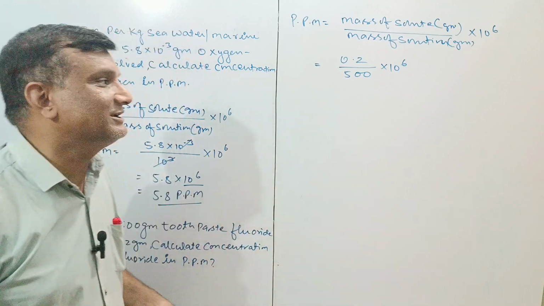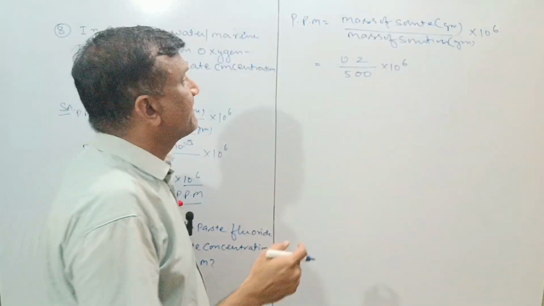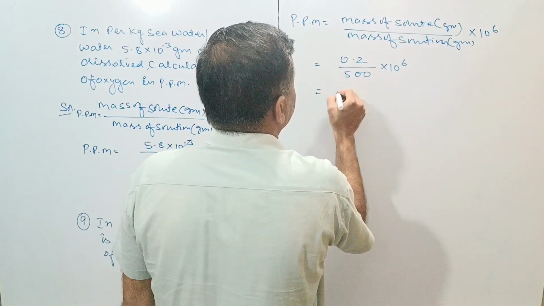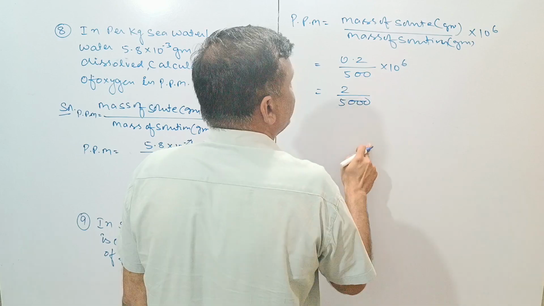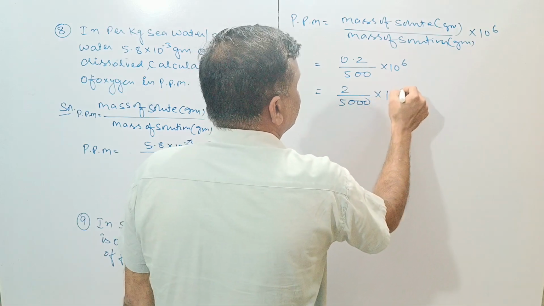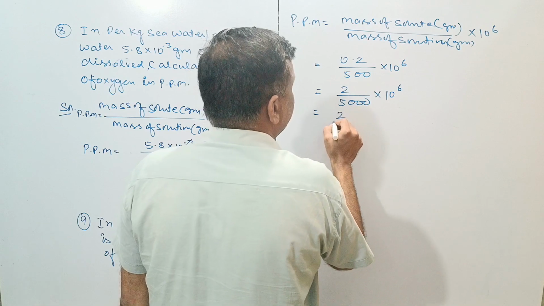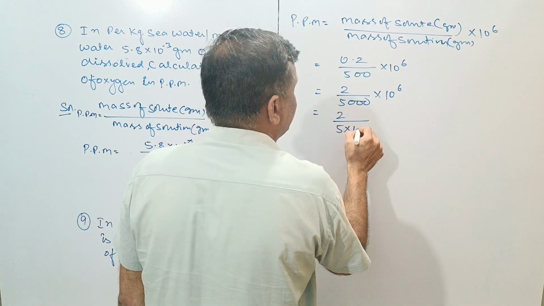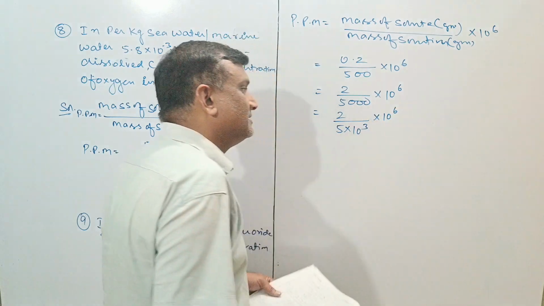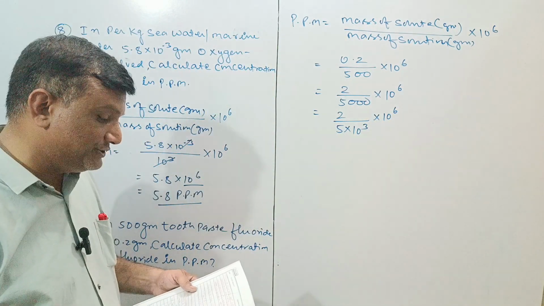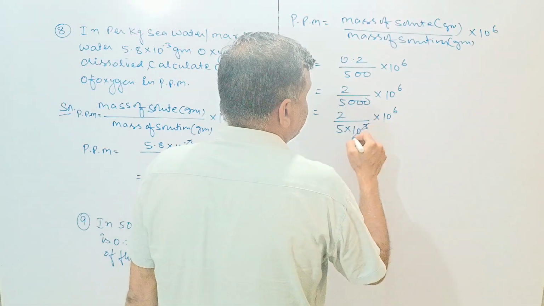Now the calculation is too easy. On removal of the decimal, it will be 2 upon 5000, because we keep one of the 0s also, times 10 to the power 6. We can write it as 2 upon 5 into 10 to the power 3, and this is 10 to the power 6 also. You can see this cancels.